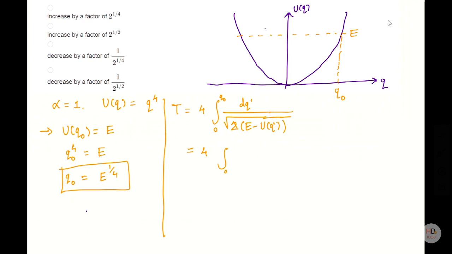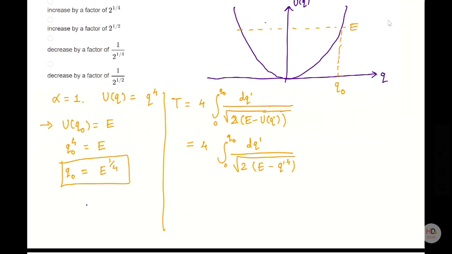So we have 0 to q0 dq prime divided by square root of 2 times E minus q prime raised to 4, right? And clearly this can depend on energy. We have energy here, and this q0 also has dependence on energy, and we want to take that dependence out of the integral, right? So we can substitute q prime as some q0 times x, let's say.